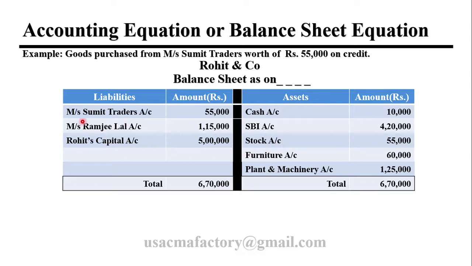At the same time, new liability, Messrs. Sumit Traders account 55,000. Now 55,000 plus 1,15,000, these two make 1,70,000 external liabilities. Owner's capital is 5 lakhs. Total 6 lakhs 70,000. On the asset side, the total amount is 6 lakhs 70,000.